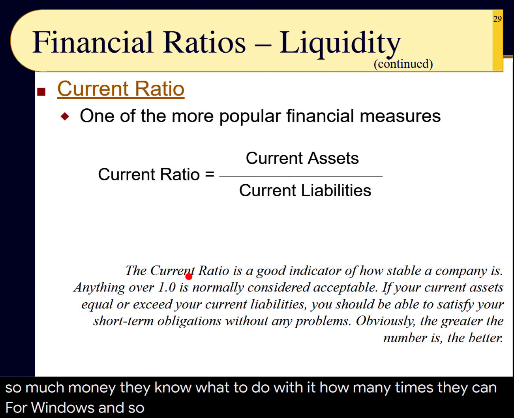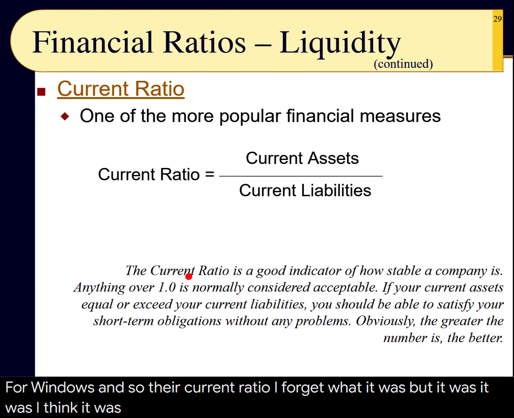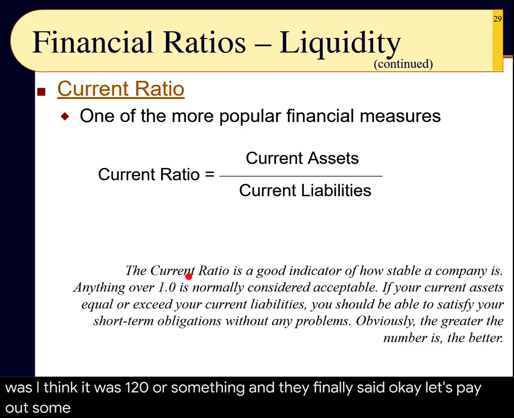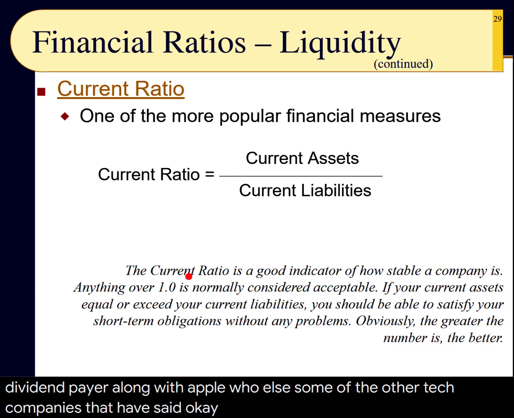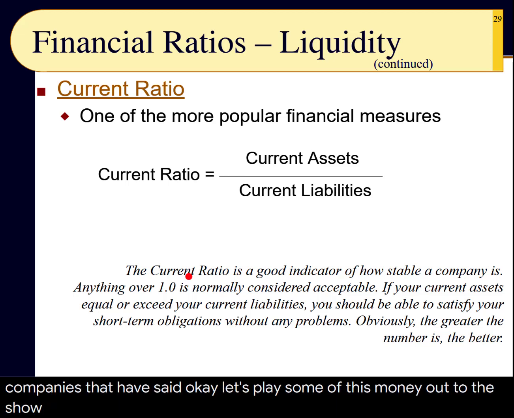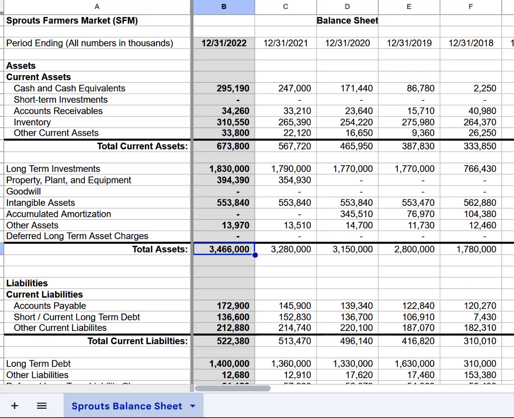Their current ratio, I forget what it was, I think it was like 120 or something. And they finally said, okay, let's pay out some dividends. And since then, they've been a pretty darn good dividend payer, along with Apple. Who else? Some of the other tech companies that have said, okay, let's pay some of this money out to the shareholders.